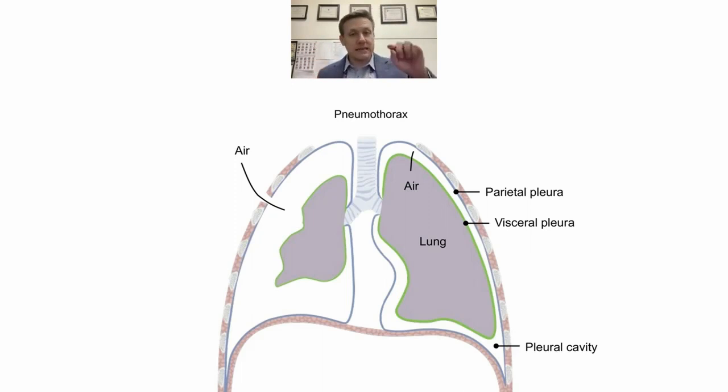It's just what it sounds like. It's a little bleb, like a little tiny tight balloon right along the surface of the pleura that can rupture spontaneously. And again, you get another form of pneumothorax, pneumo meaning air. So air in this cavity where you shouldn't have any air. You should typically just have a small amount of fluid.